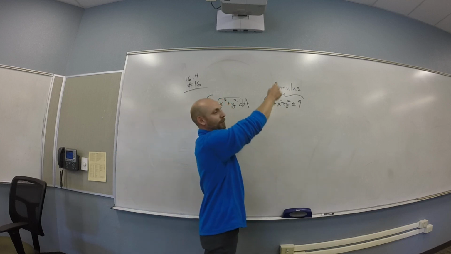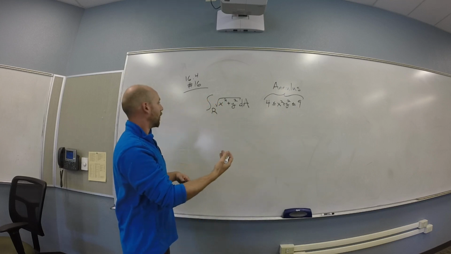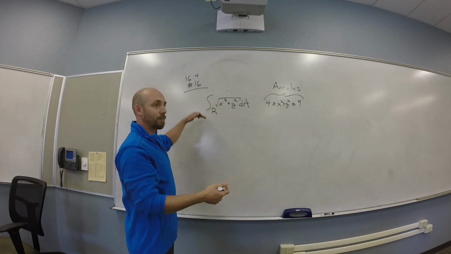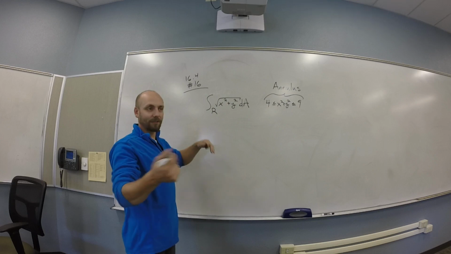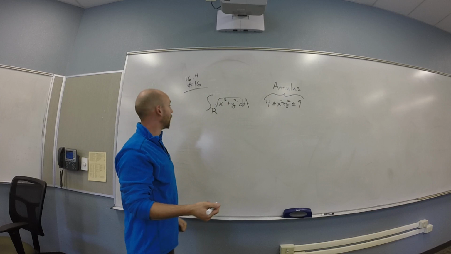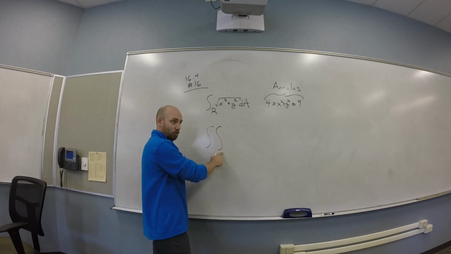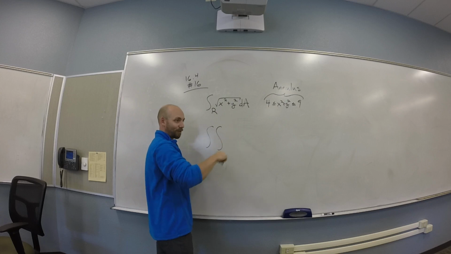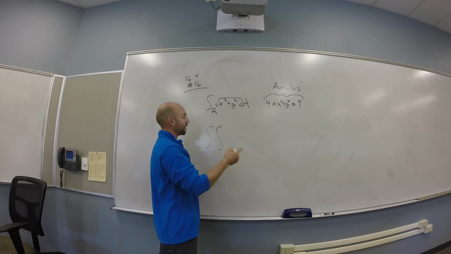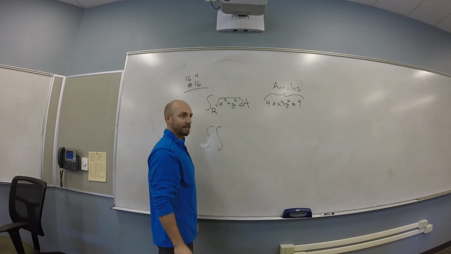So if I think about converting this, some of this I know how to convert to polar, and that's what they asked me to do in the problem. To convert to polar, I know there will be two squigglies, one for the r's and one for the thetas. And what's the easy bit?